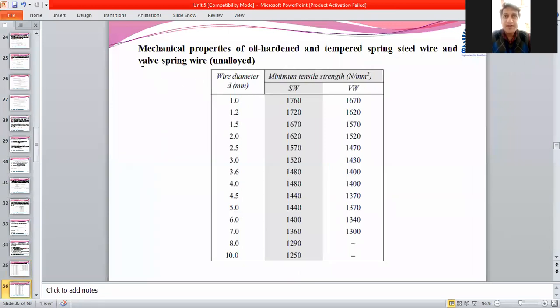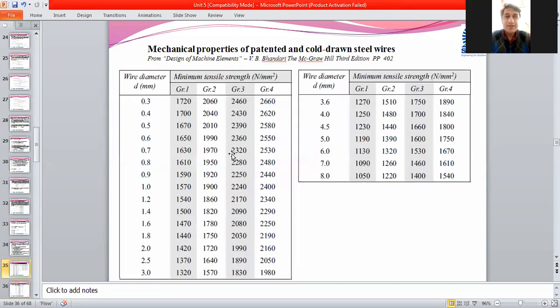And valve spring wires, which are normally used for valve springs, are unalloyed steel. Sometimes this cold drawn procedure is used for the manufacturing of alloyed steel.